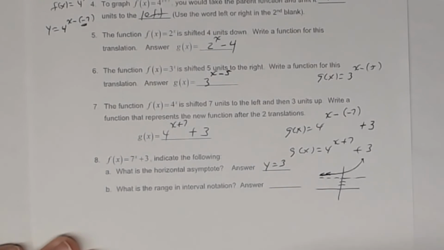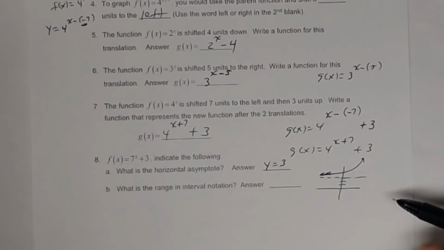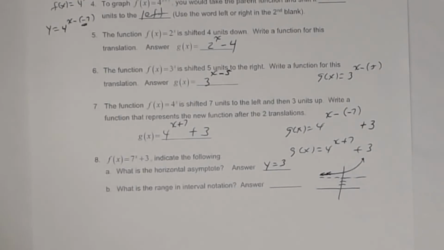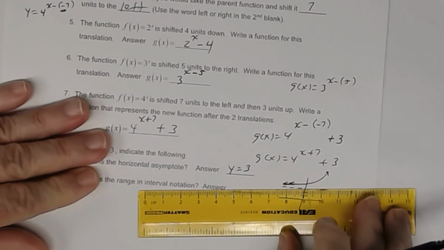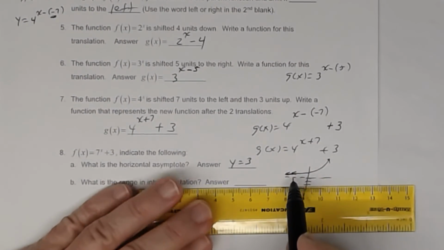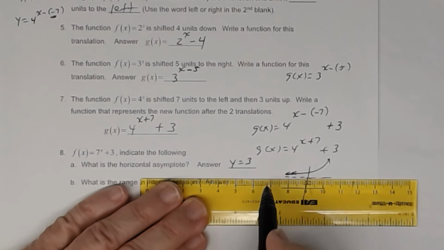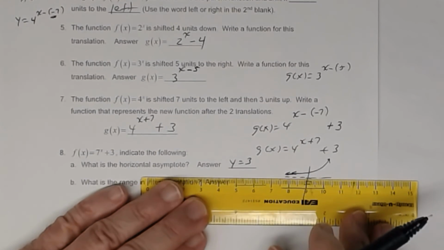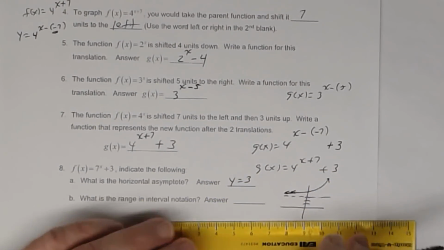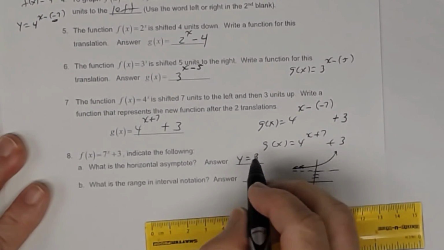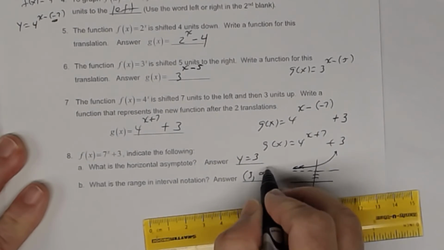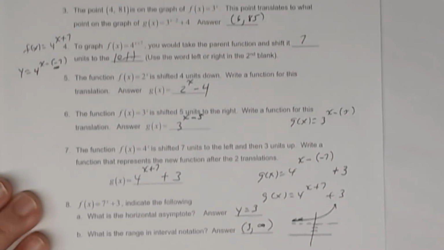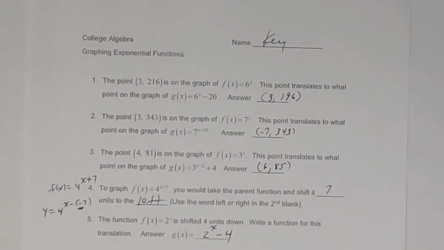So as I go from bottom up, notice that, remember what we said, the graph does not touch or cross the horizontal asymptote. So it gets closer and closer and closer to it without touching it. So it will be from 3 to infinity, the 3 being with parentheses. So 3 comma infinity. All right, so that was the key to this worksheet.